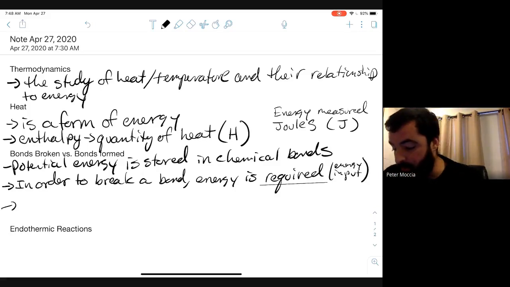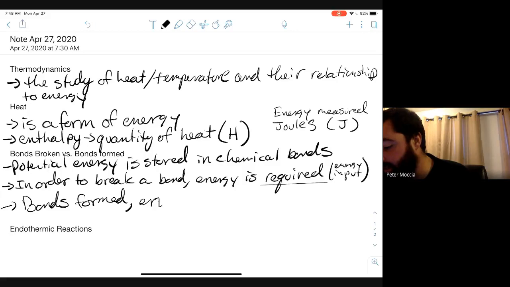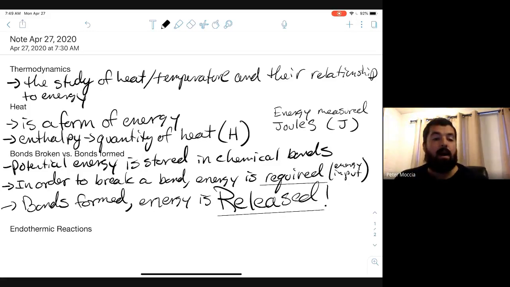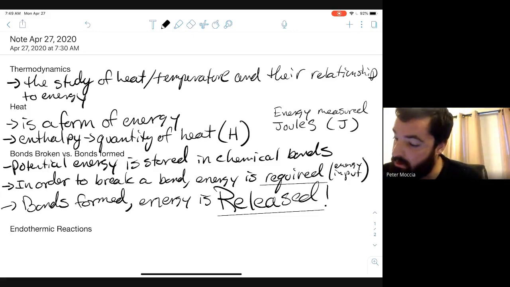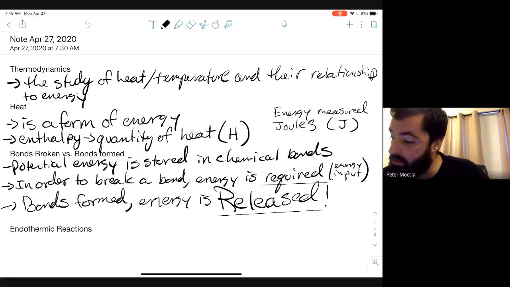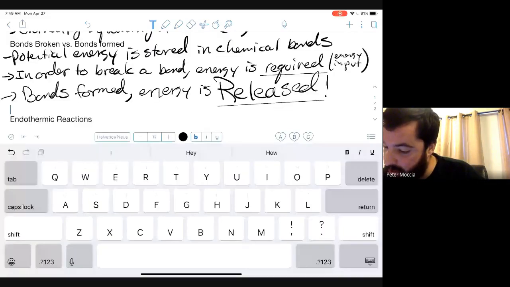And then when bonds are formed, energy is released. Okay? So energy goes from where it was to its surroundings. Now, just a couple of little terms that I want to add in here.